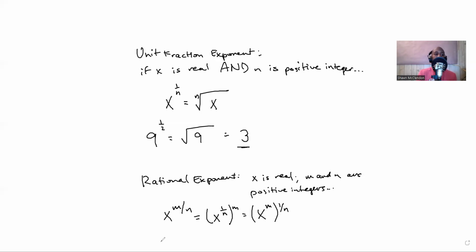So let's do an example. If you have 32 to the 3/5 power, for example. I know it looks weird, but just apply the rule. That is equal to 32 to the 1/5 power, all that to the 3rd power. Now, 32 to the 1/5 power is the 5th root of 32. So that's this here.